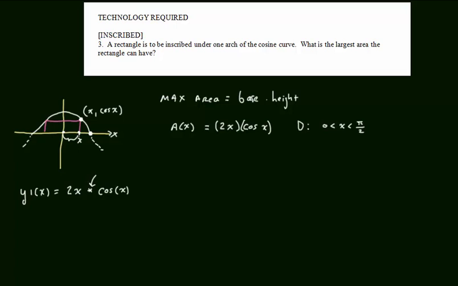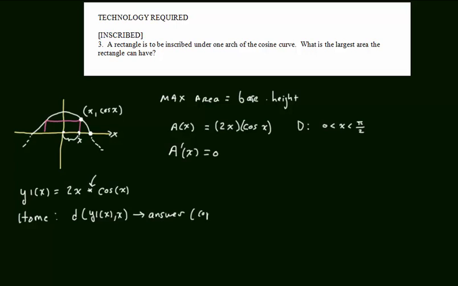I now want to graph the derivative of this function because I want to find where the derivative is equal to 0, and I'm going to use the graphing features on the calculator to do this. To review, we'll go to our home screen and find the derivative of y1 of x with respect to x. That will report an answer.